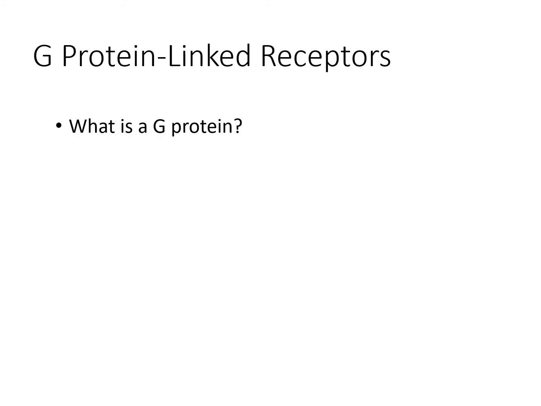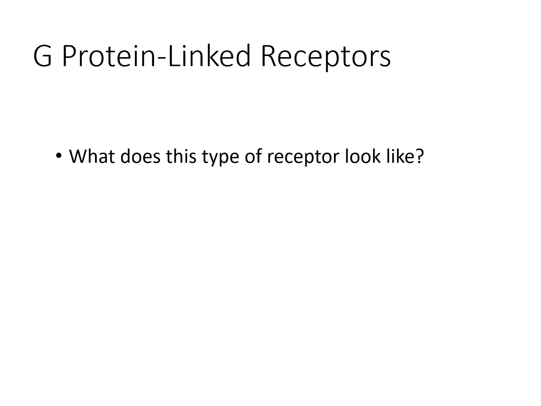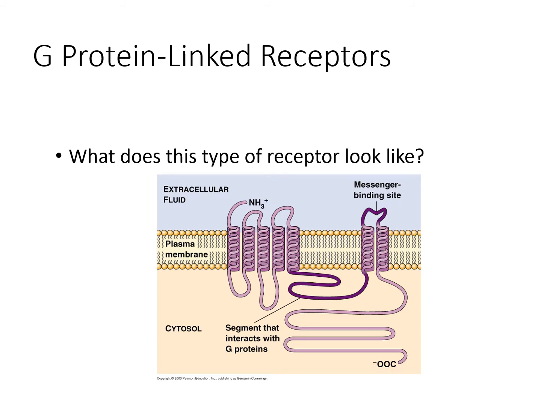Let's have a look at the definition of this G protein. What is a G protein? You have to know the structure and the functions of this G protein, and what this type of receptor looks like. Over here we can see that the G protein linked receptor has 1, 2, 3, 4, 5, 6, 7 transmembrane segments. That's why they are also known as the 7 transmembrane receptor.